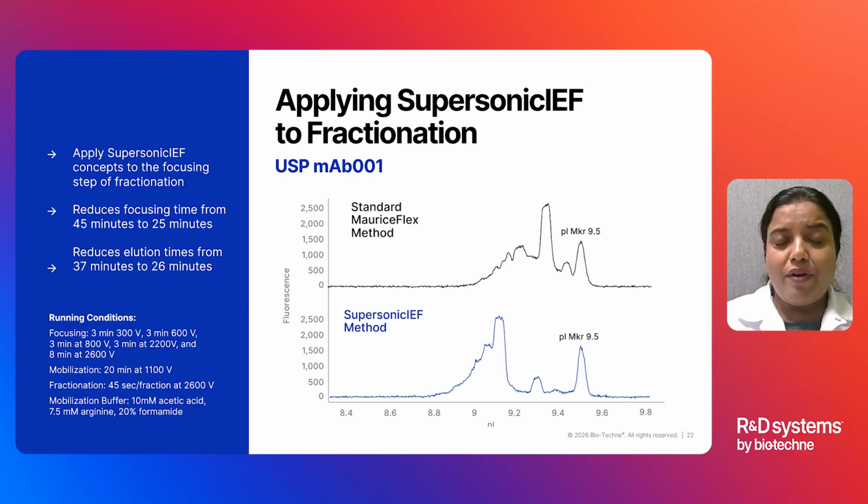The electropherogram on the right compares the standard MauriceFlex method with the supersonic method for USP-MAB 01, and both methods resolve the same charge variant profile and detect the PI 9.5 marker, demonstrating comparable separation performance. Now, the key advantage is that the supersonic icIEF method achieved these results much faster, increasing throughput without sacrificing the analytical quality.